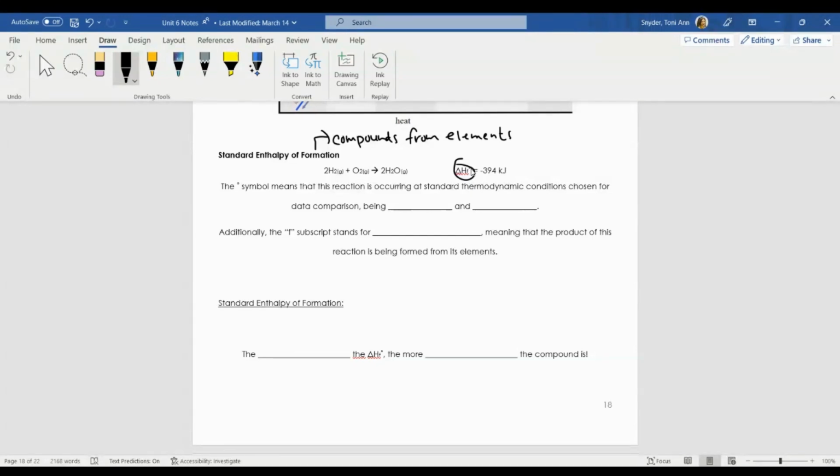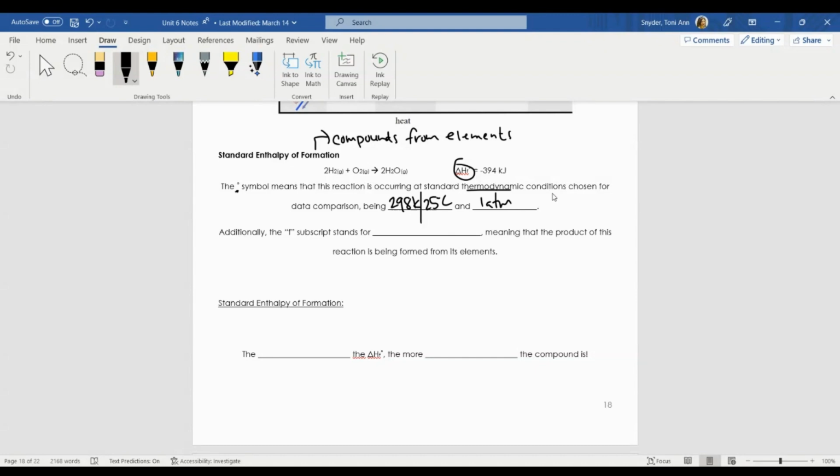And this little knot, I kind of wrote over it, but we'll see it there. That knot symbol means that this reaction is occurring at standard thermodynamic conditions, not at STP, at standard thermodynamic conditions. And the standard thermodynamic conditions is 298 Kelvin, which we know is 25 degrees Celsius, and it's 1 atmosphere.